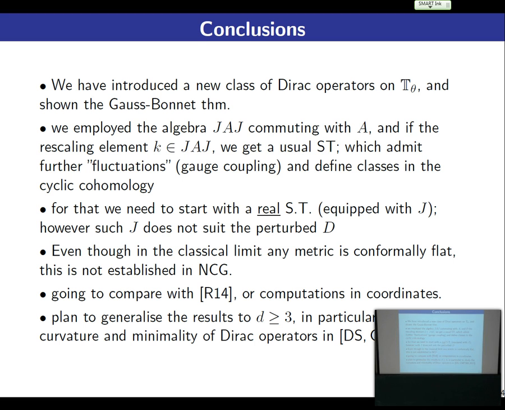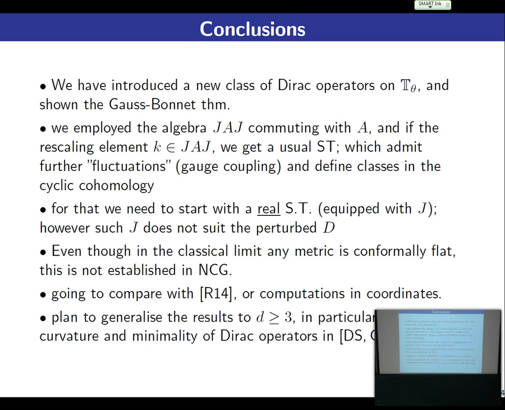Of course, let me stress this again, even though the classical limit of any metric is conformally flat, here we are completely not sure about that. I don't know if they are different, and even if they, in the commutative case, so for theta 0, produce the same metric, they may be different expressions. They may be different quantum operators in principle.